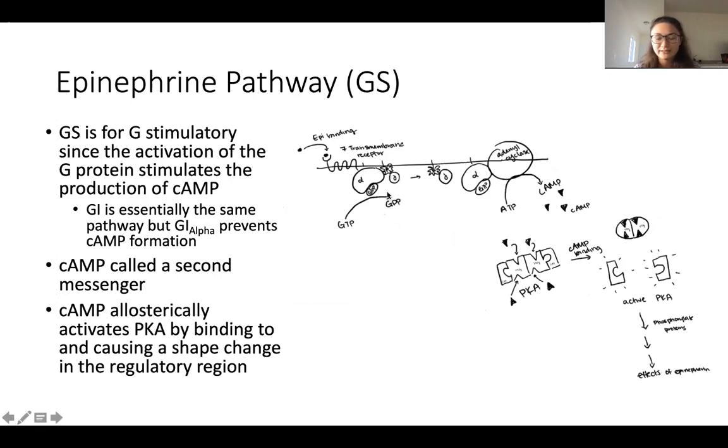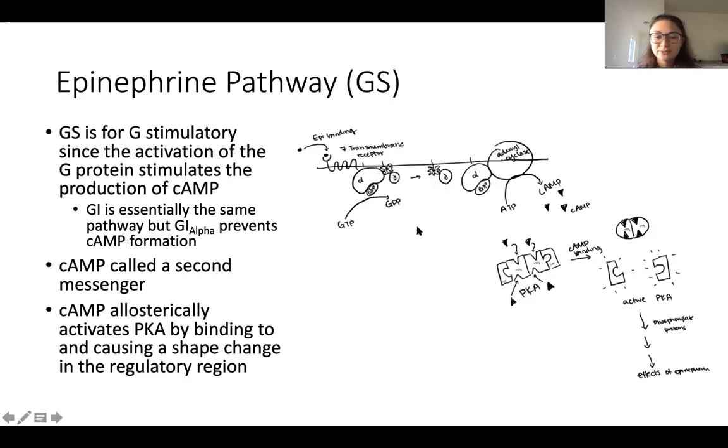This G protein that's associated with this receptor is not a small G protein. So it's a lot larger. There are 3 different domains, and it's actually capable of doing the GTP hydrolysis without a GAP. So it doesn't need an extra protein to make it better at hydrolyzing the GTP. It's able to do it by itself.